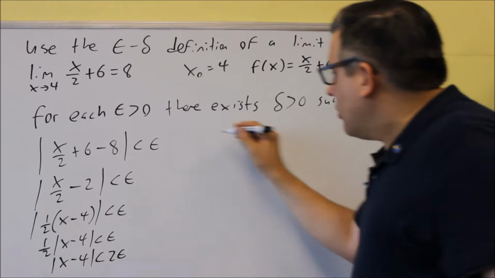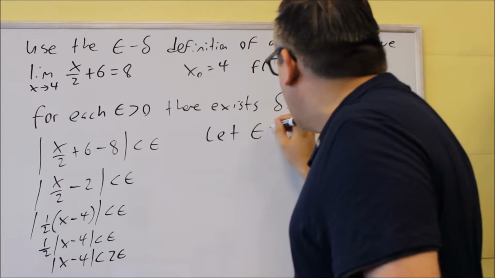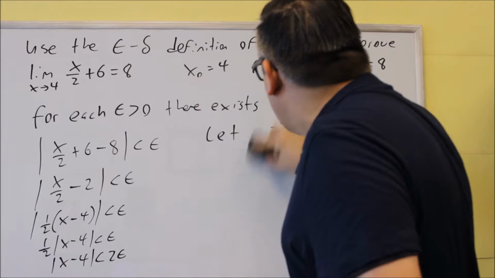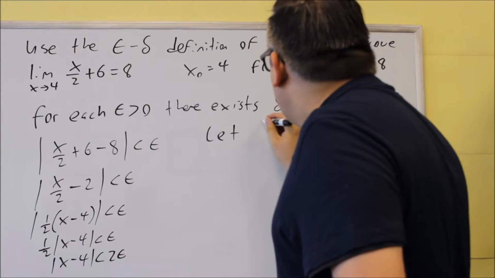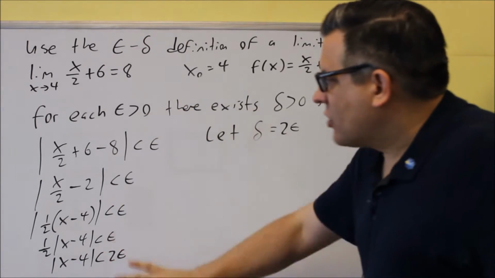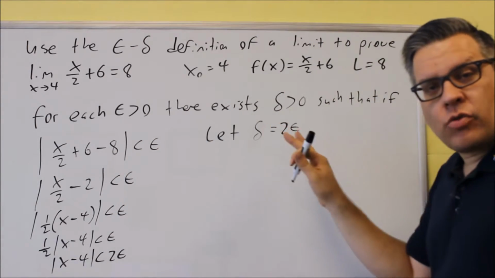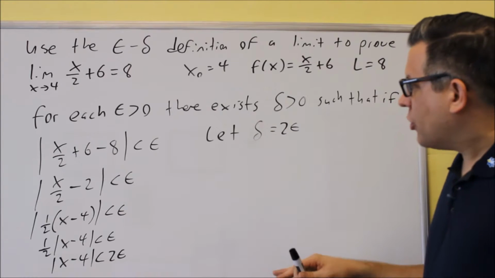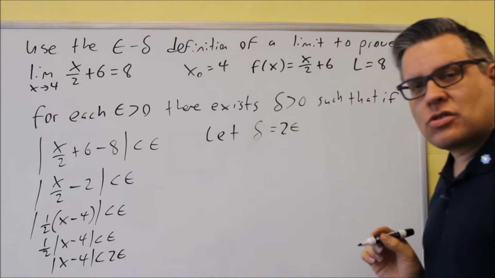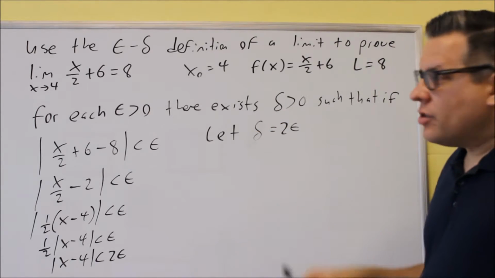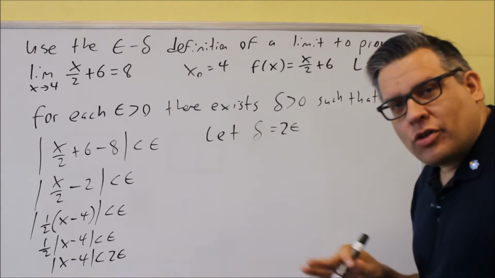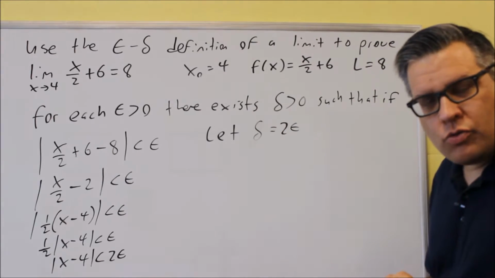So we're going to let delta equal 2 epsilon. This right here is considered scratch work, and now the proof actually begins. If you let delta equal this, we're going to walk backwards until we end up getting f(x) minus L. The reason we do this is because proofs go both directions.